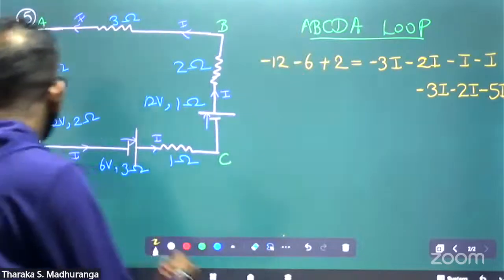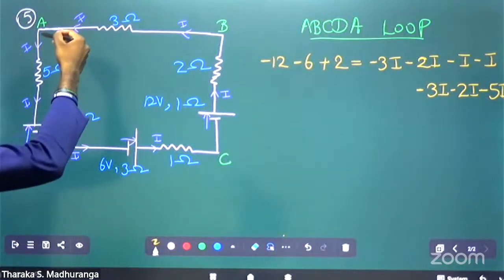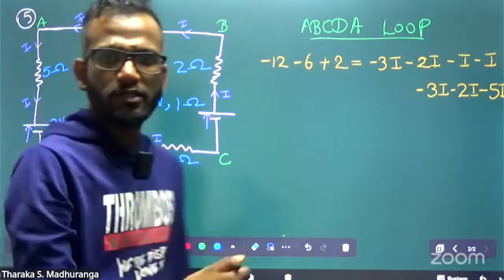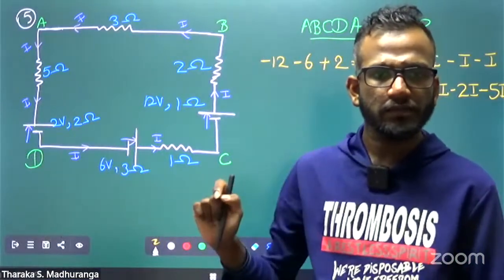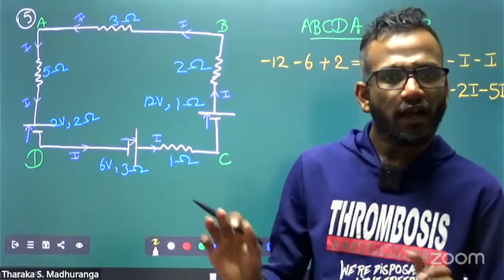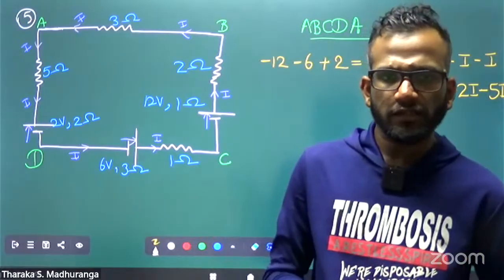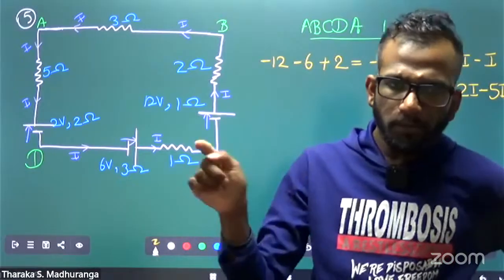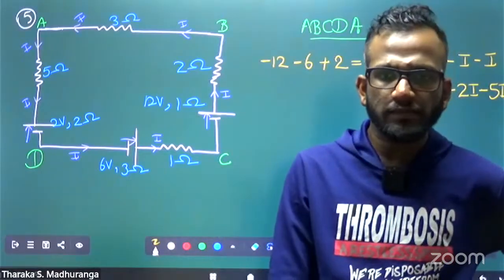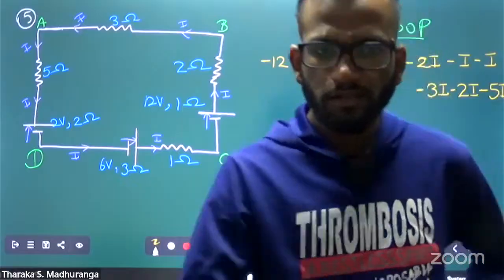No. I am going D to A, but the current is flowing downward. See, our current direction is downward. Only think our marked direction, Arshad. Don't think cell directions. You should think only of the current direction we marked. Right?